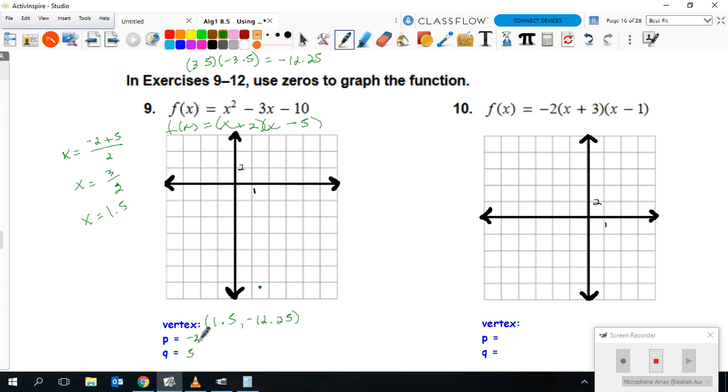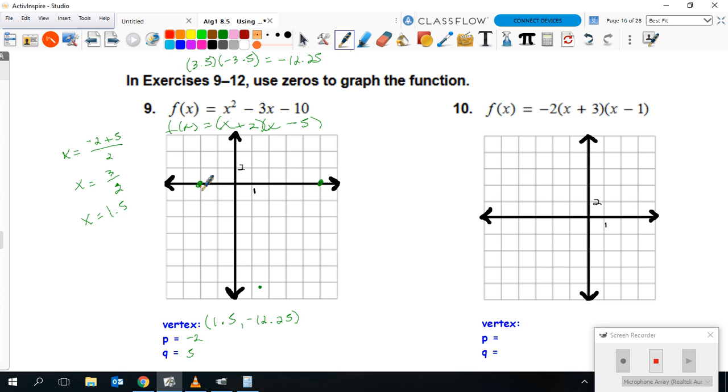P and Q is your x-intercepts, so we know it's going to be at a 5. 1, 2, 3, 4, 5. So right here. And at a negative 2. 1, 2. So basically just using that, we can draw a U-shape through this.